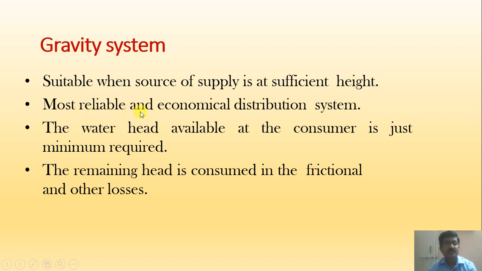It is the most reliable and economical distribution system. The water head available at the consumer is just the minimum required. The remaining head is consumed in frictional and other losses.